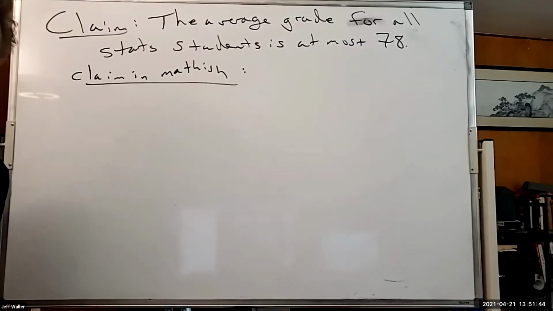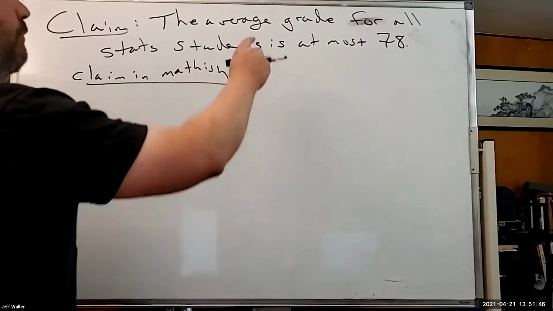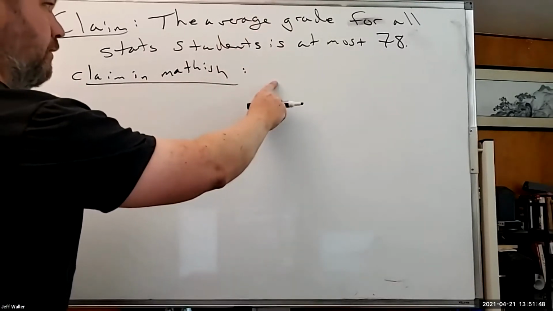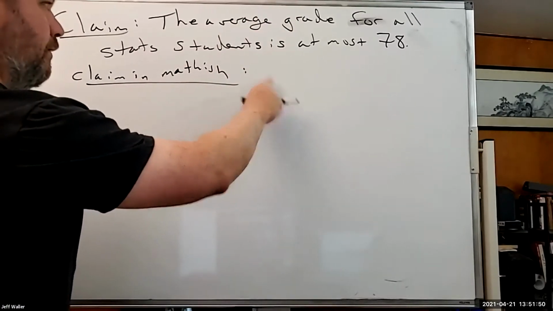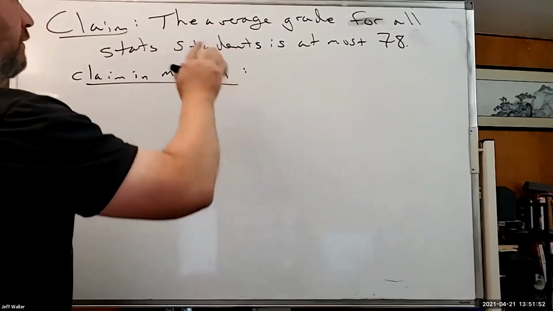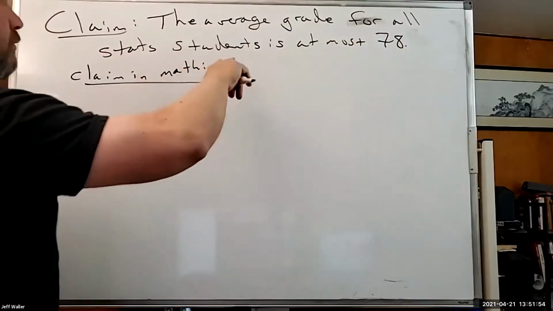Anybody? So what do I mean by Mathish? What's the symbol we use for average? X bar. Now I'm not talking about a sample. The claim about all stat students.